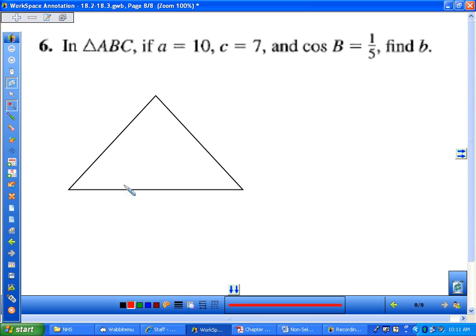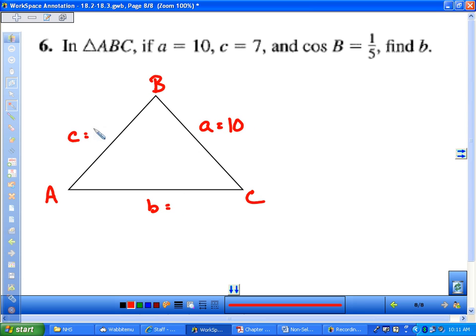They did call this triangle specifically ABC, so one of your vertices is A, B, and C. It doesn't matter how, though. And then side A, side B, and side C. They told me side A is 10, side C is 7, and they didn't tell me angle B, but they said cosine B equals 1/5. And we need to find side B.